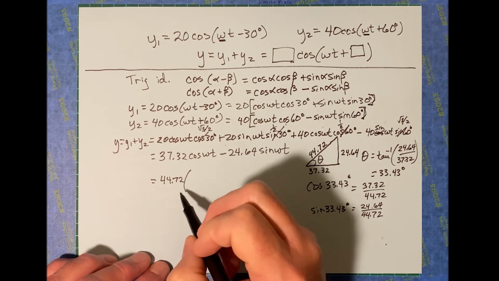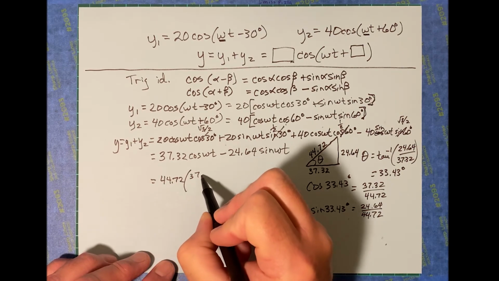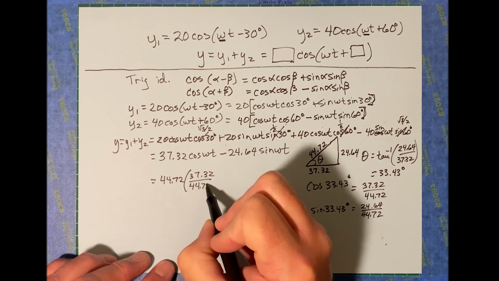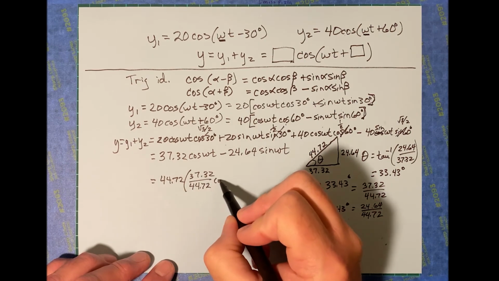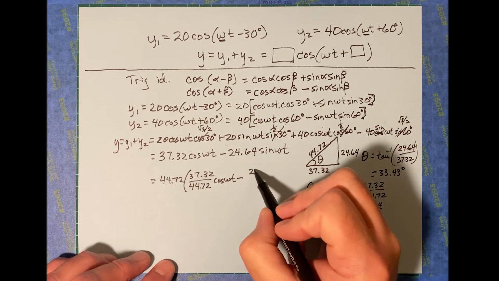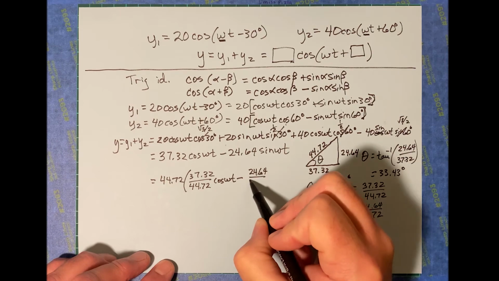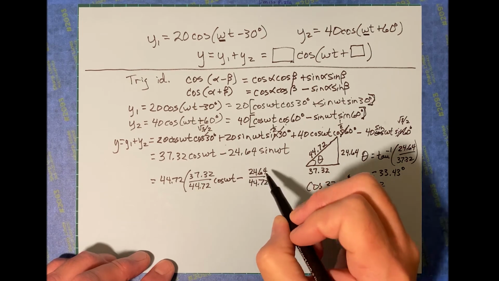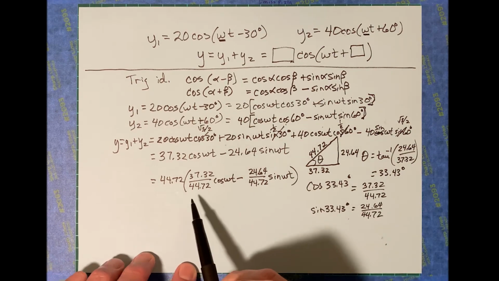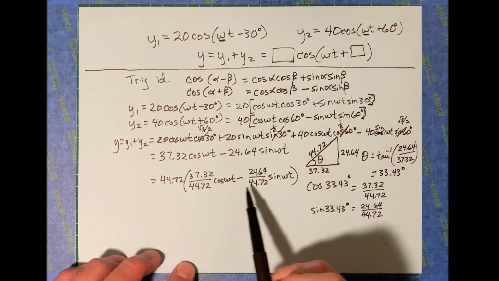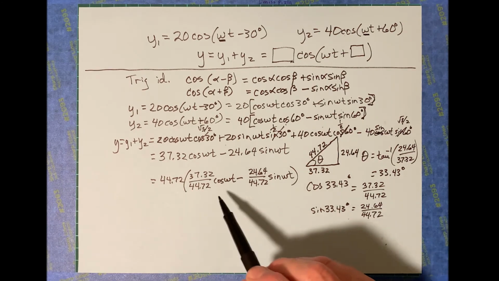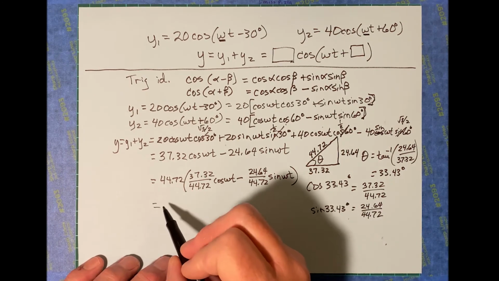44.72 times 37.32 divided by 44.72 times the cosine of omega t, minus 24.64 divided by 44.72 times sine omega t. All I did here is multiply and divide by 44.72. In other words, I multiplied by 1. I haven't really changed the equation, but notice what I'm able to do.